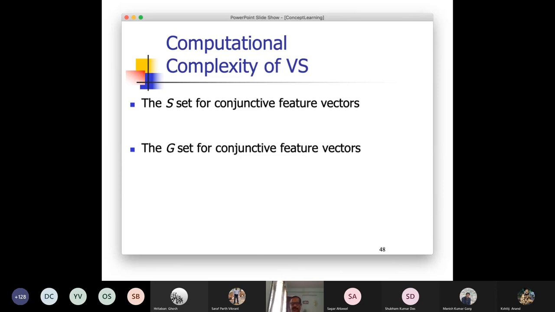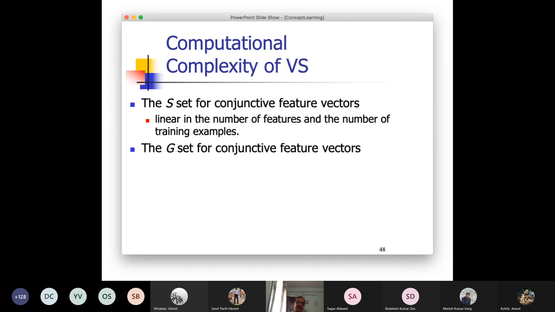Rather, the sizes of these two boundaries, the most general set of hypotheses G and the most specific set of hypotheses S, are important. If you can restrict those sizes to polynomial order, then possibly there is a polynomial order algorithm. Otherwise, if the size itself is exponential, definitely the algorithm has to be exponential.